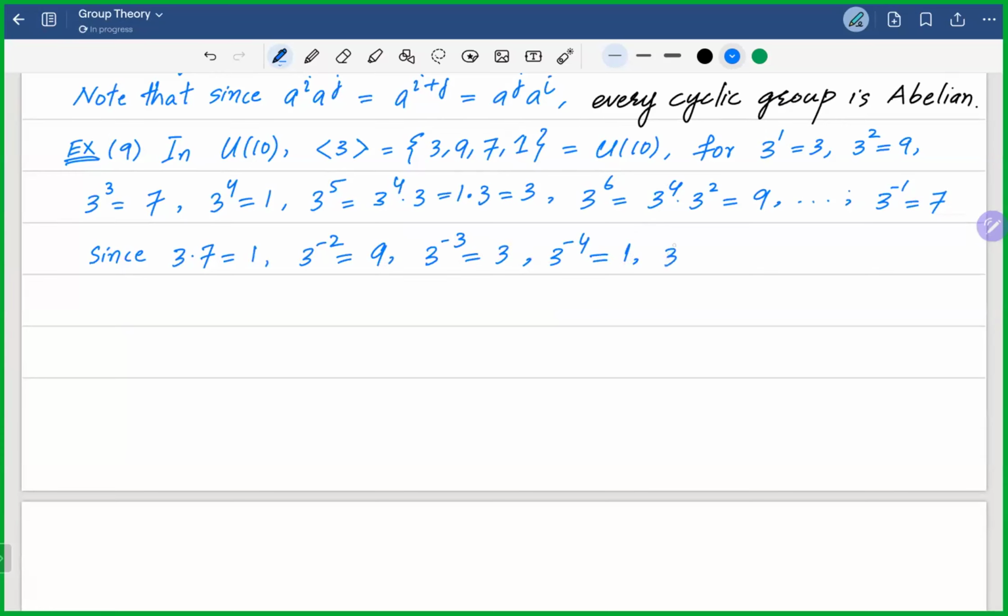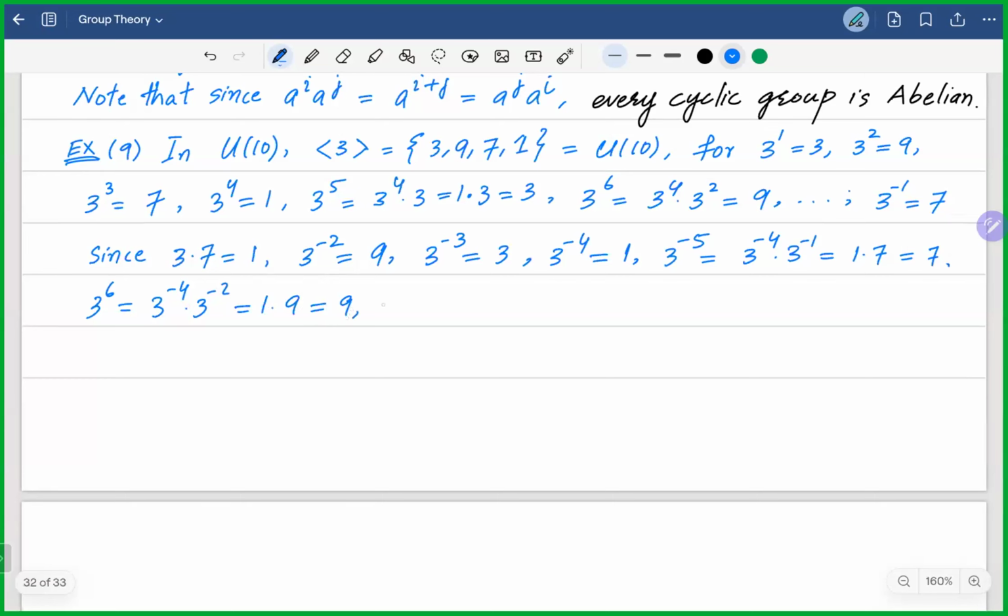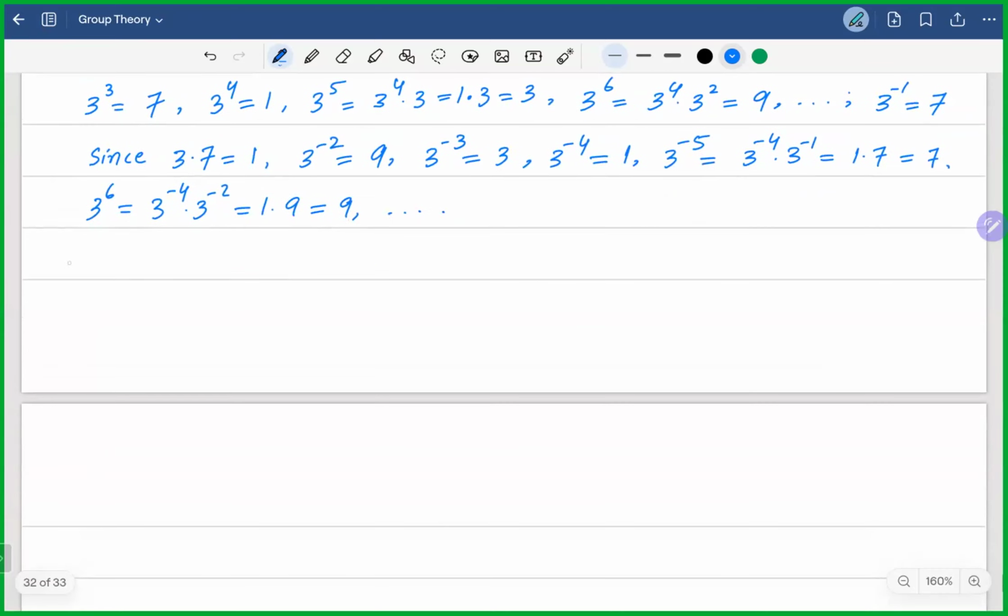Now 3 power minus 5 is 3 power minus 4 times 3 power minus 1, which is 1 times 7, so 7. And 3 power minus 6 is 3 power minus 4 times 3 power minus 2, which is 1 times 9, so 9, and so on. So you can do negative powers and positive powers also.